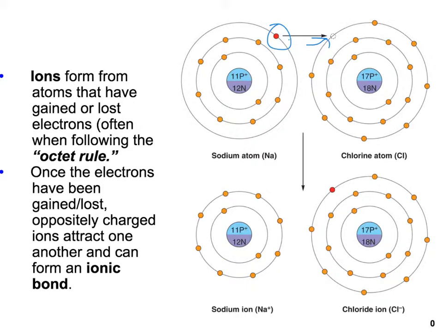And now we have a sodium ion, a positively charged sodium ion, that has a very stable configuration of electrons with the maximum of 8 electrons in the outer shell of the atomic structure. The maximum number that can exist in that second energy level is 8, and that's a stable configuration.